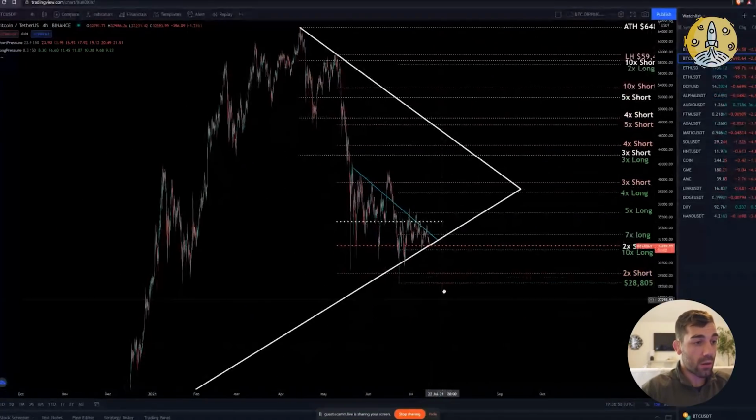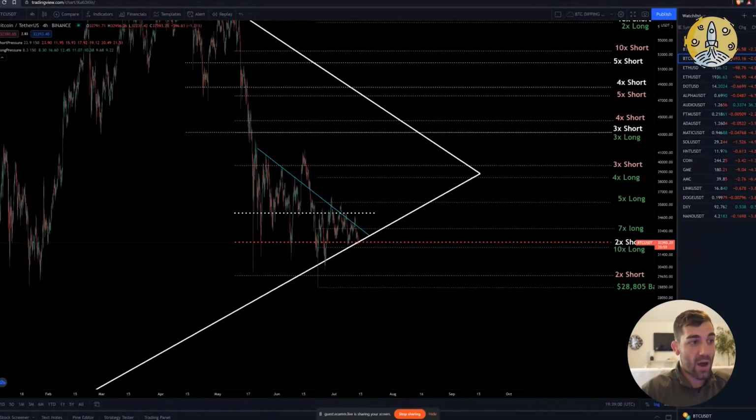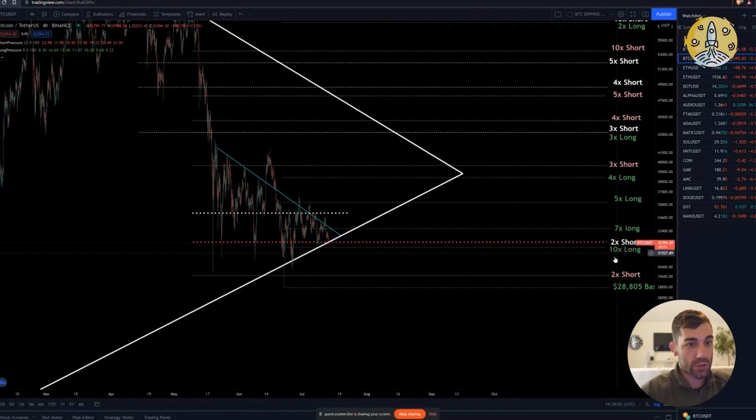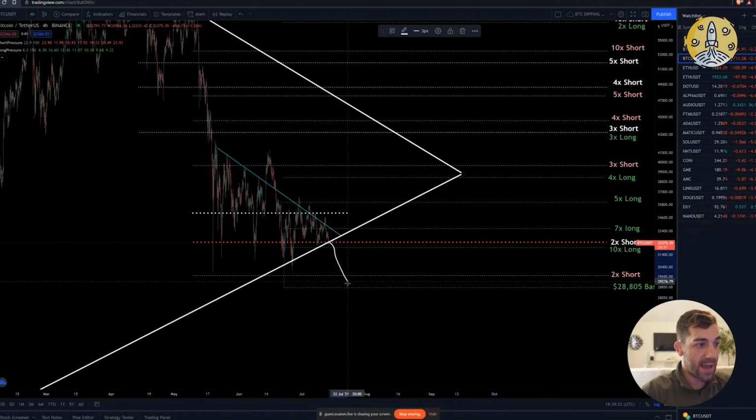So if you were going long on Bitcoin now on leverage, Bitcoin's currently trading at $32,400 or so. If you wanted to enter a long position, that means you're betting on the price of Bitcoin going up. You would want to protect your liquidation point, so you would want Bitcoin to be able to fall all the way down to $28,805 or so before you get liquidated.